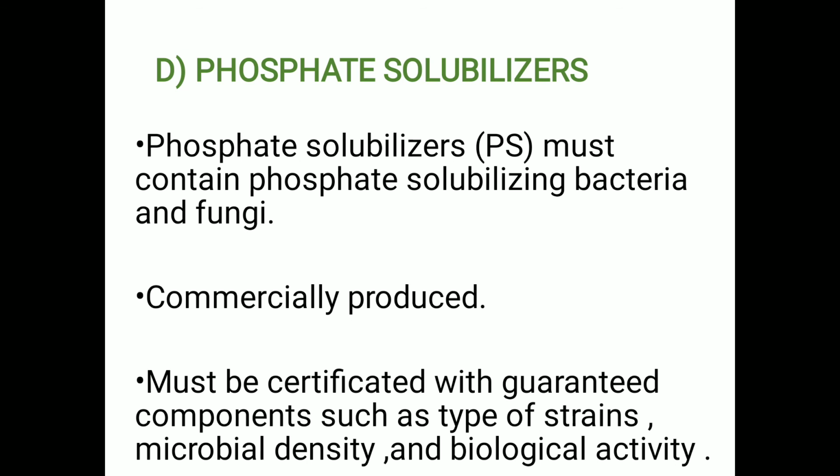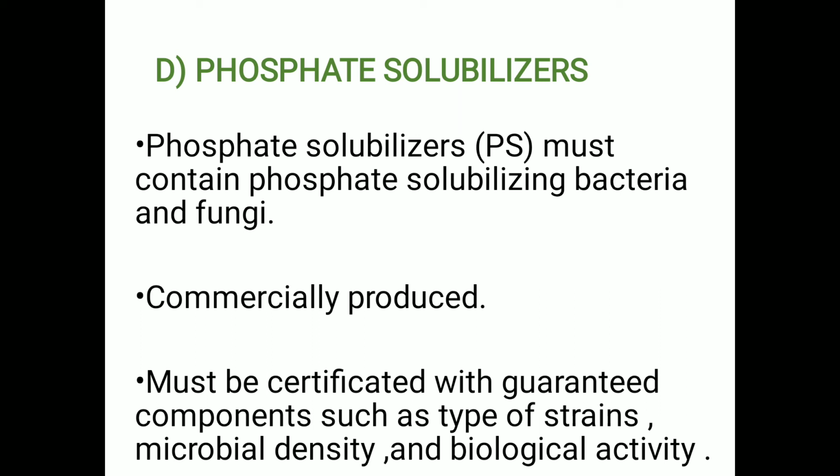After Azospirillum, the next one is phosphate solubilizers. What quality control parameters are there for phosphate solubilizers, or PSP? The PSP must contain phosphate solubilizing bacteria and fungi. It is commercially produced.